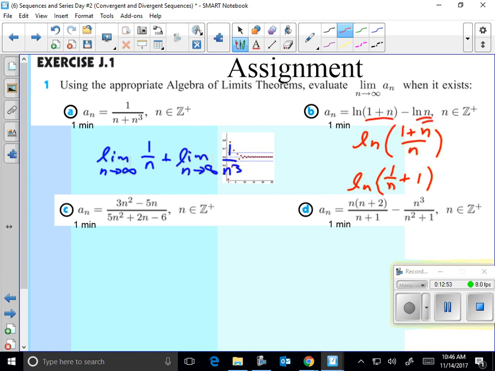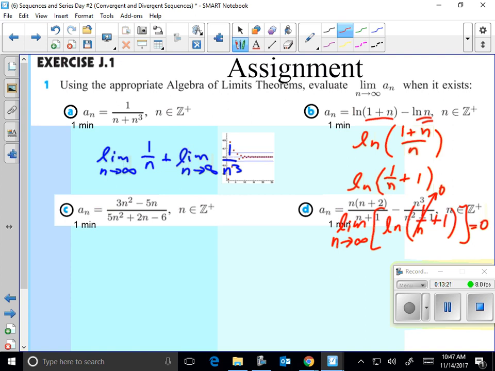Oh, I'm sorry, I got that goofed up with another problem. What would 1 over n go to as n goes to infinity? That'd go to 0. So the natural log of 1 is what we get, which is 0. So this would approach 0.